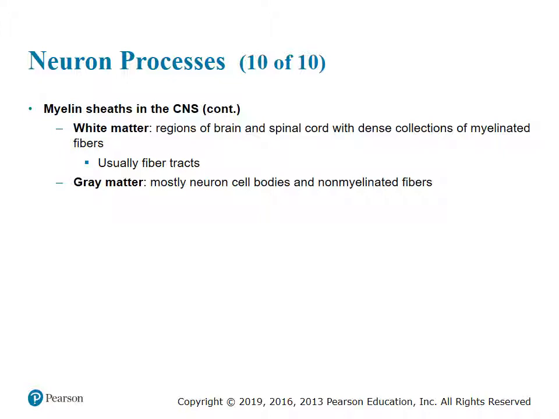So just on some anatomy here, right? In the CNS, the brain and spinal cord, we have collections of myelinated fibers. You would call those white matter, right?